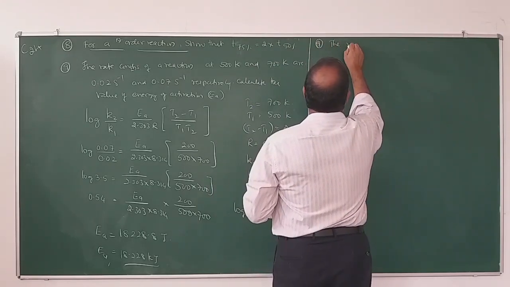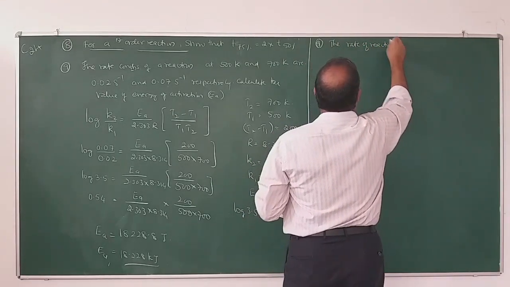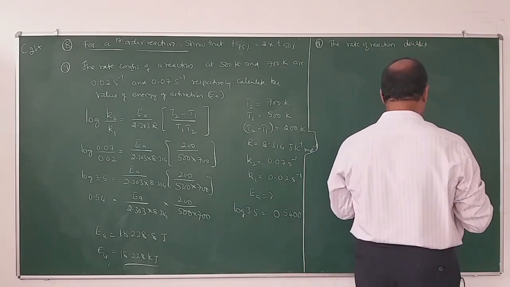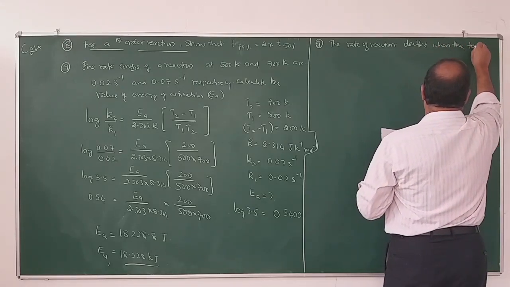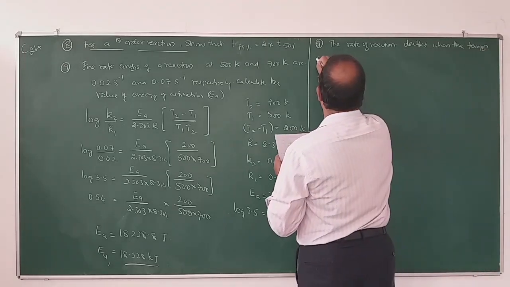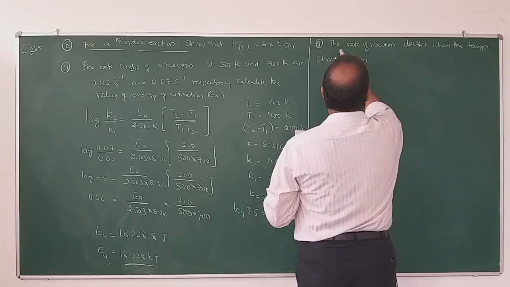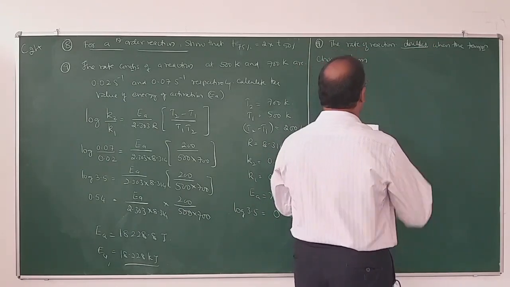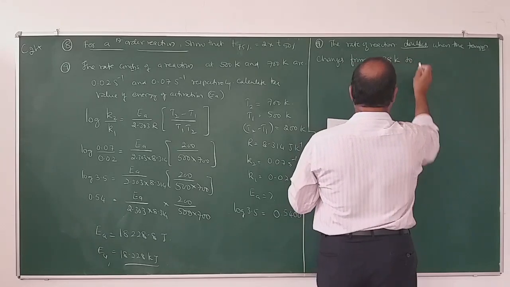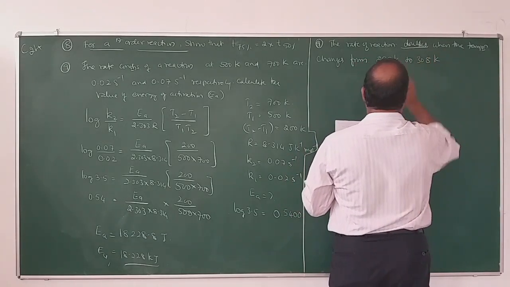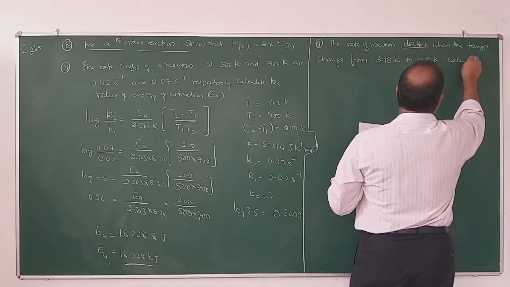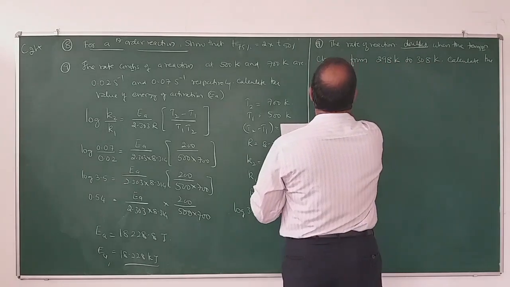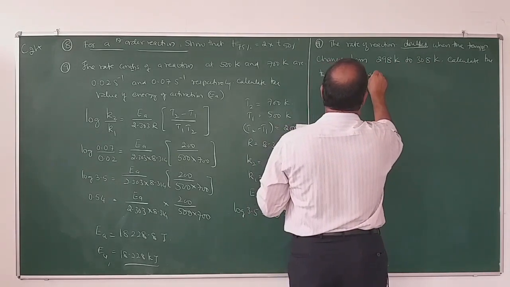The rate of a reaction doubles, becomes 2 times, when the temperature changes from 298 Kelvin to 308 Kelvin. Calculate the energy of activation.